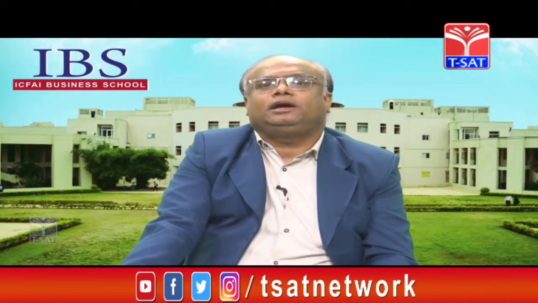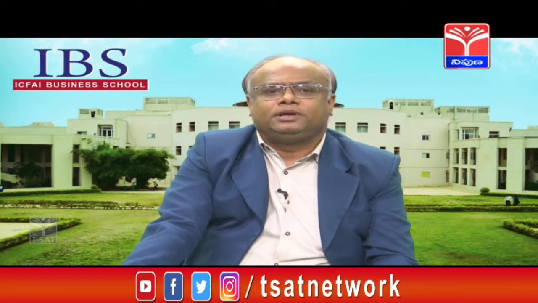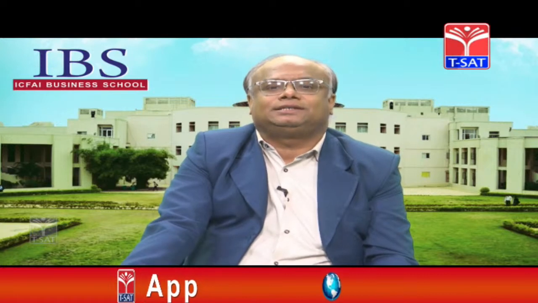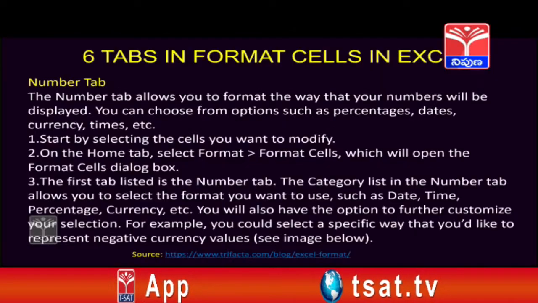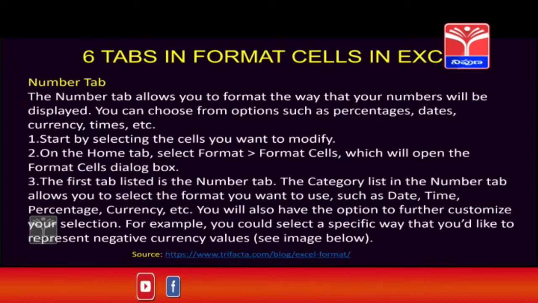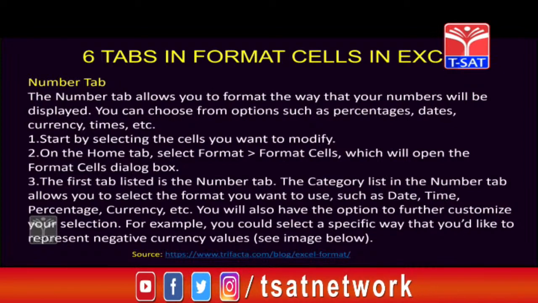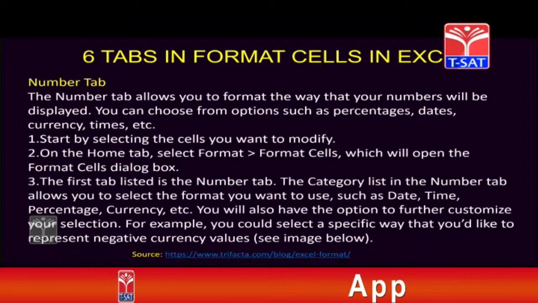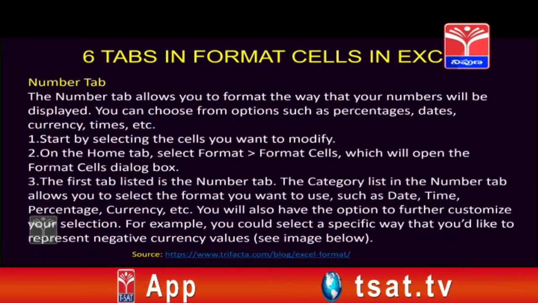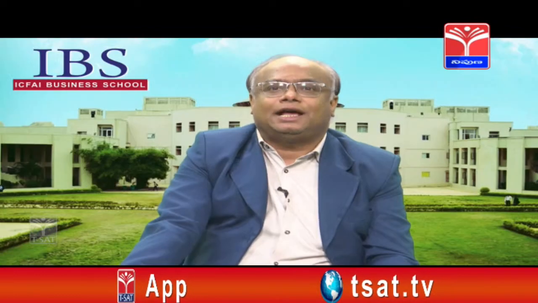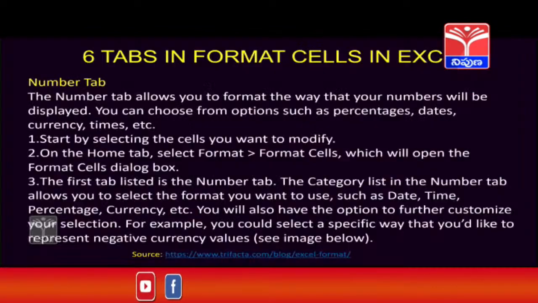So, what are we supposed to do then? First, we select the cells which we are going to modify. Next, we click on the Home tab and select Format and then Format Cells. Once we click on Format Cells, the Format Cells dialog box is going to open.